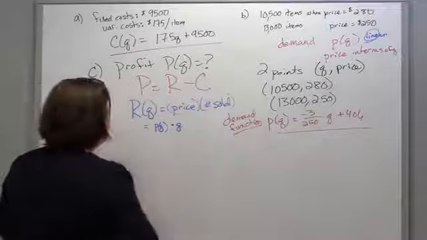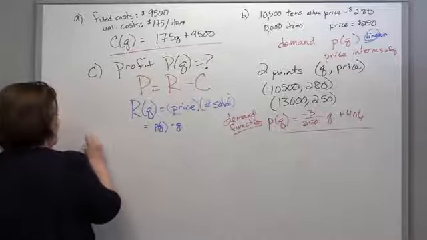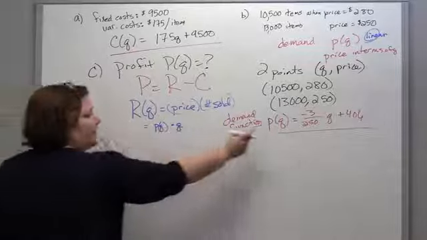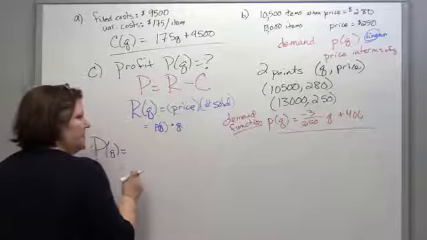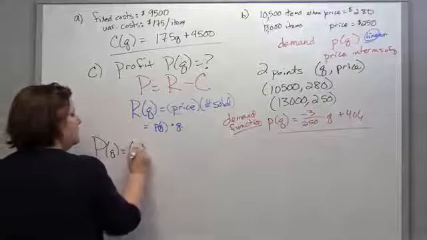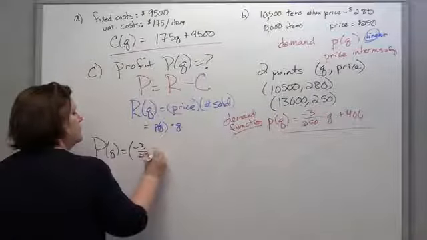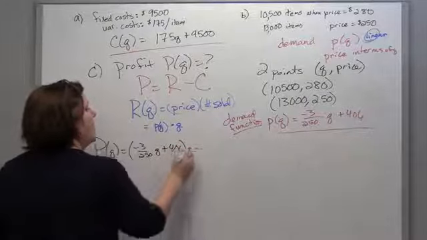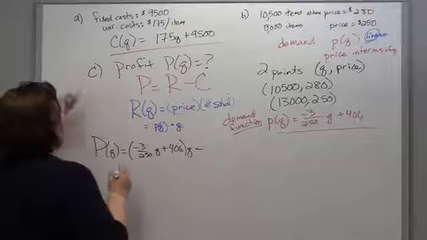So in this case, our profit is going to be our demand function times Q minus our cost function.